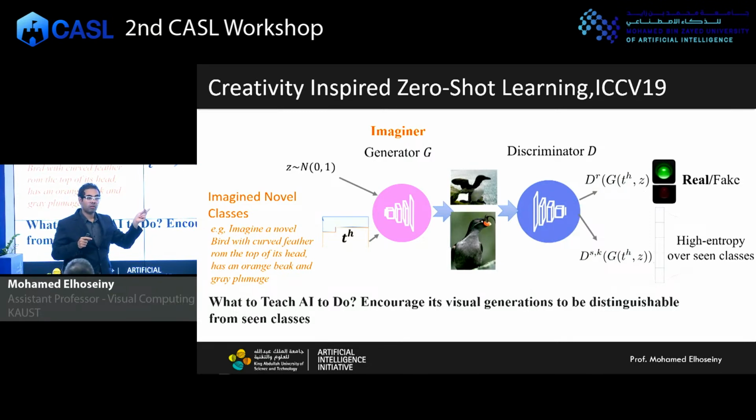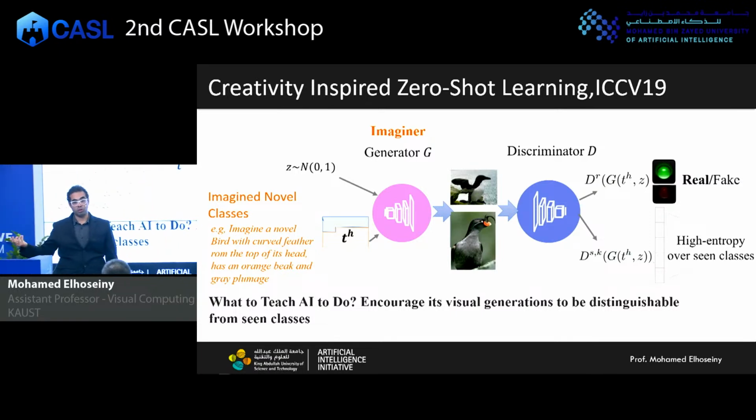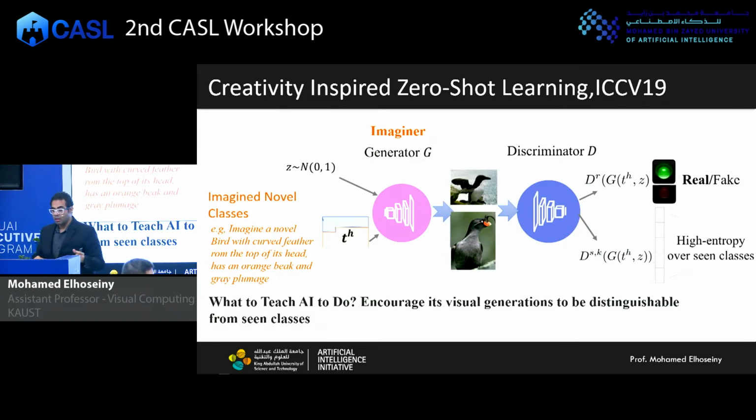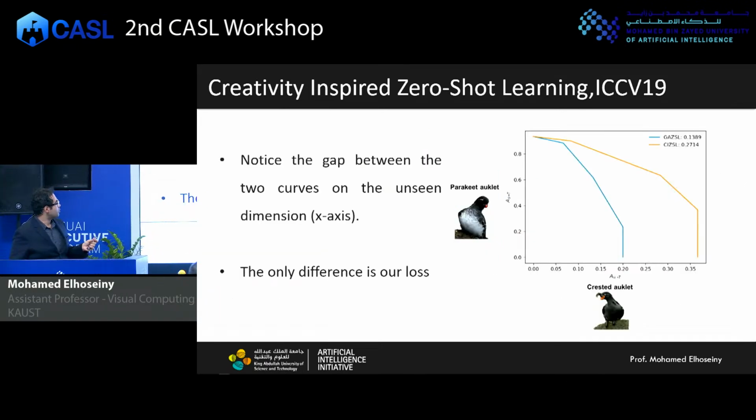So I want the model to classify the visual generations of hallucinated unseen classes so that they are hard to classify to any of the seen classes, meaning producing entropic responses over seen classes. The same loss function that has been used to encourage promoting novel visual generation in art is applied here in a conditional way, to enable the model to double its performance at separating these two very similar classes.